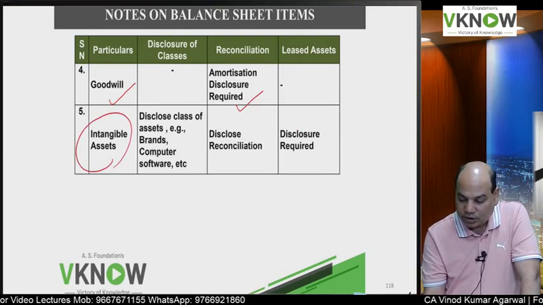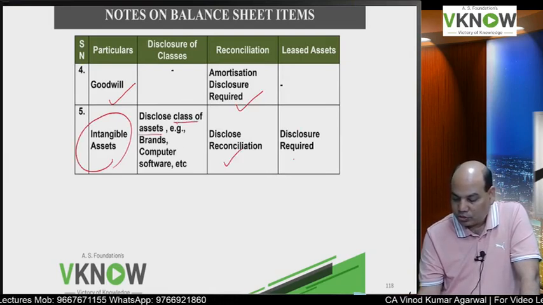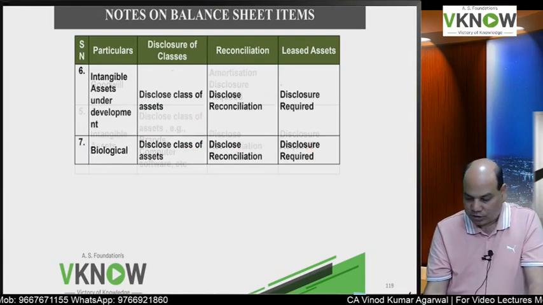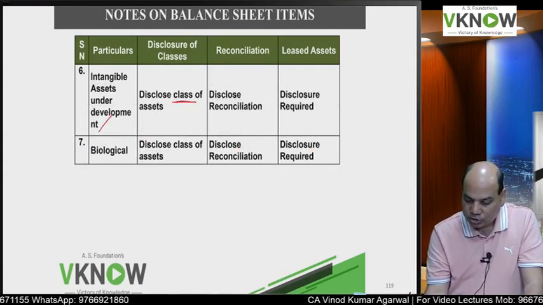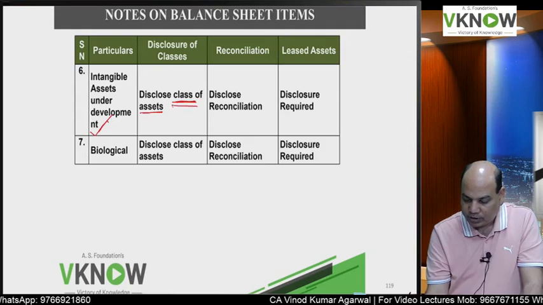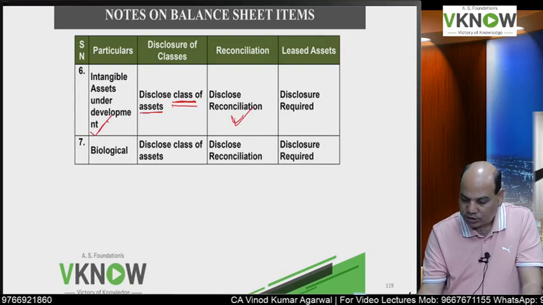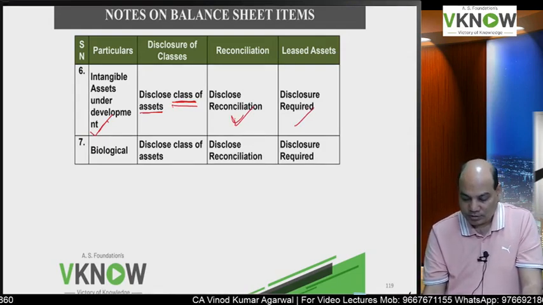Then intangible asset, disclose the class of asset, disclose reconciliation, same disclosure required for leased asset. Intangible asset under development, you have to disclose the class of asset, whether it is software or patent or what. Then reconciliation is required for owned asset and disclosure is required for leased asset.